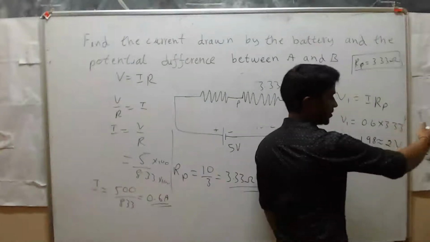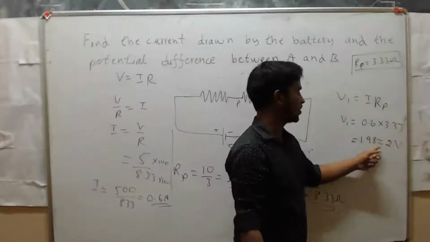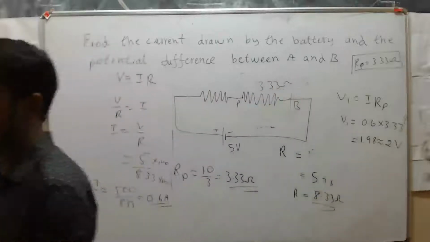Because here we will get 3.3333, right? So it is approximately equal to 2 volts.